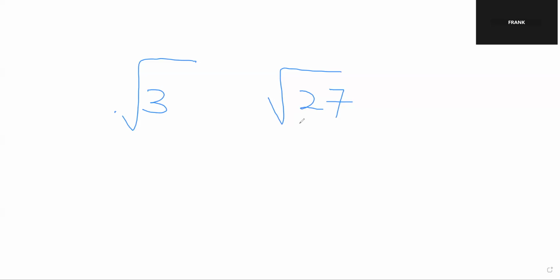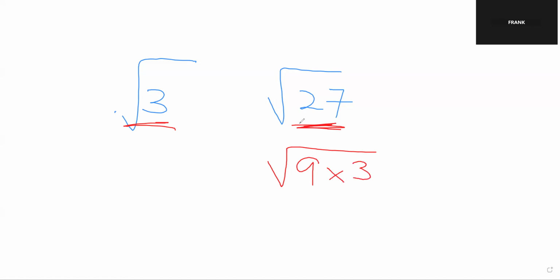But then you have to be careful. One surd is reducible and the other is non-reducible. So once a surd is reducible, you have to reduce it. How do you reduce it? You look for a perfect square that can divide 27 without remainder, and obviously it's going to be 9. So 9 times what value gives you 27?